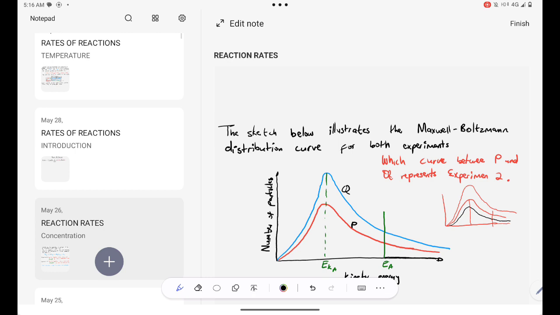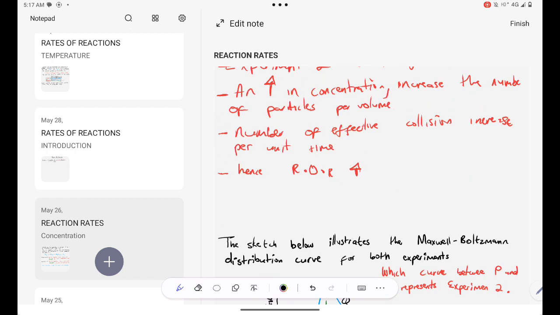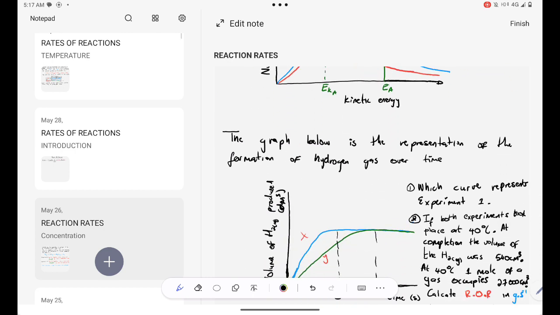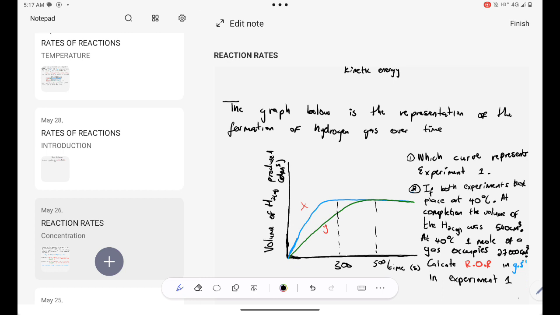So I know that graph Q represents the experiment with the highest concentration because it has a higher peak. So graph Q is the one that represents experiment 2.